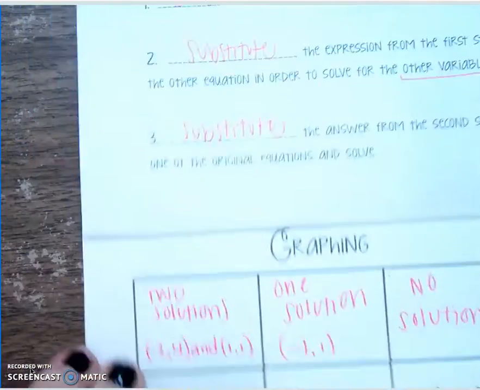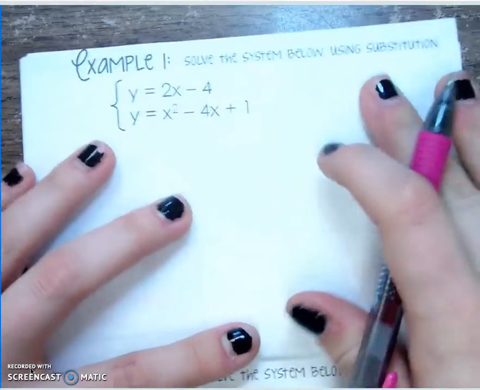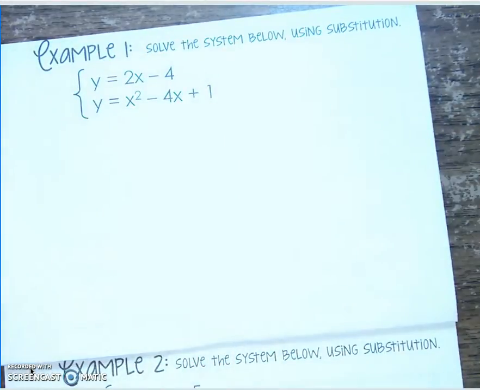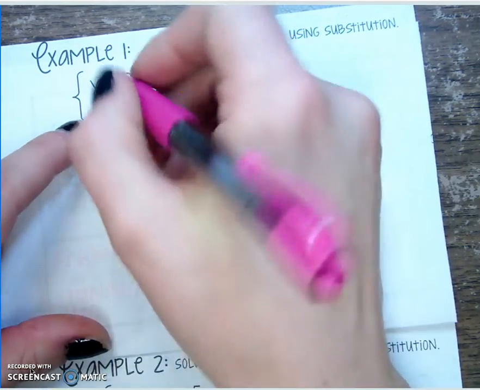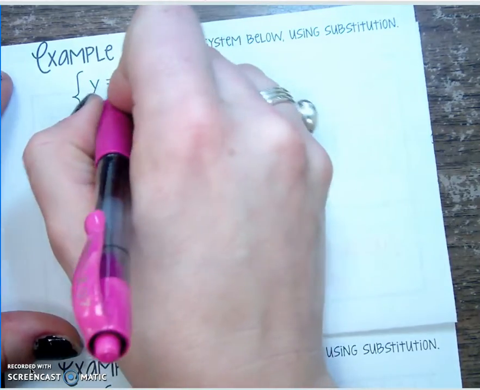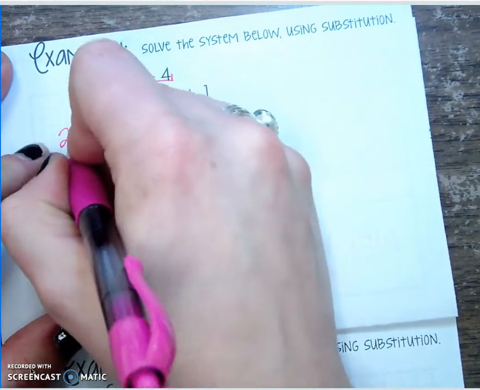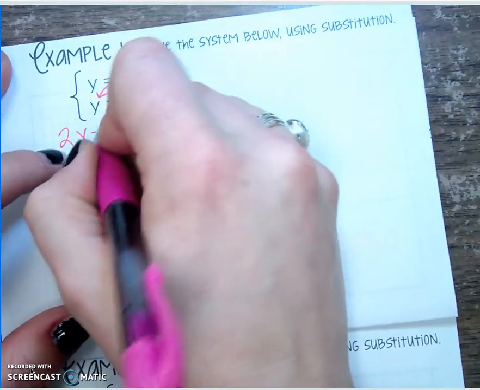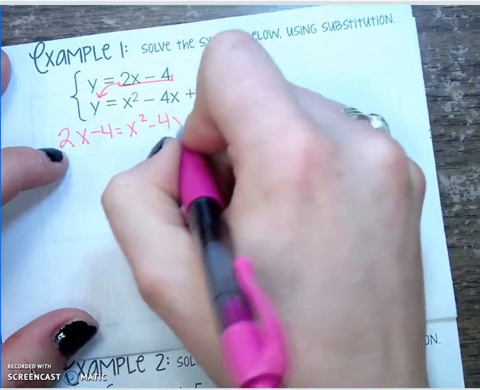Okay. Substituting is very simple. In step one, we said we're going to take one of the expressions and substitute it in for the variable that you have. I have y by itself, so I don't have to solve for anything. I'm going to take that and plug it right back into what y is. So now I have 2x minus 4 equals x squared minus 4x plus 1.